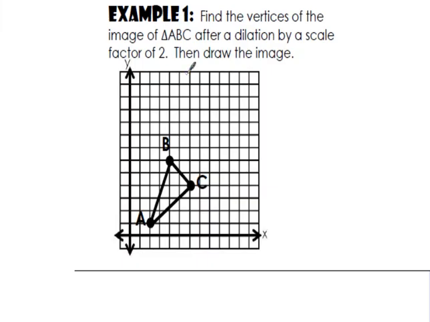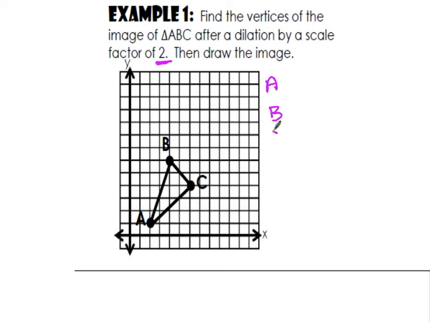Now, here's the example that we have. We have the vertices of image triangle A, B, and C, and we're going to dilate it by a scale factor of 2, and we're going to draw the image. So here's what we do for dilations: we need to have our original points. I see my original points, but I need to physically write them down.